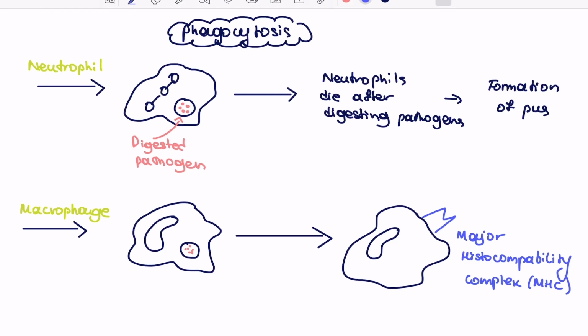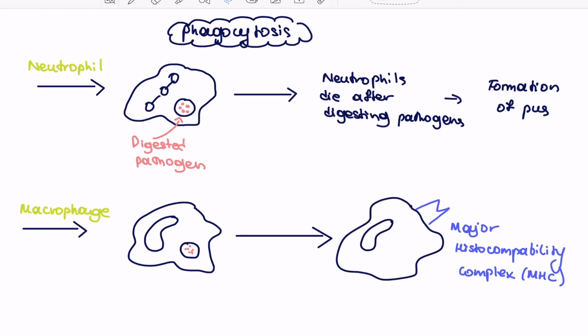And those are the receptors that are presented on the macrophages, on their cell surface membrane, and then the antigens are going to be presented on the MHCs. And this binding of the antigen to MHC makes macrophages antigen-presenting cells, which is abbreviated to APCs.